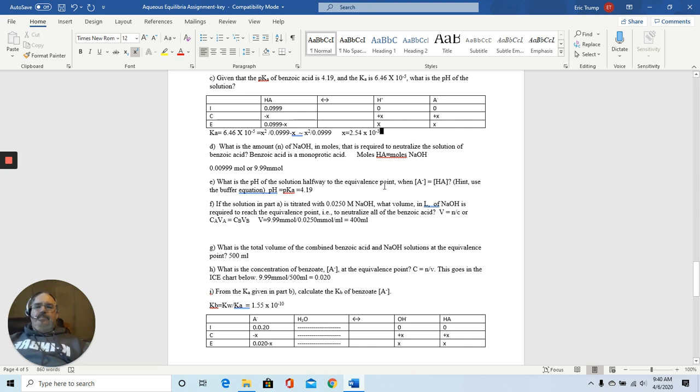Okay. So what is the amount of sodium hydroxide in moles or millimoles that's required to neutralize the solution? Okay, because at the equivalence point, the moles of acid is equivalent to the moles of base, they're going to be the same number. Okay, halfway to the equivalence point, again, pH equals pKa.